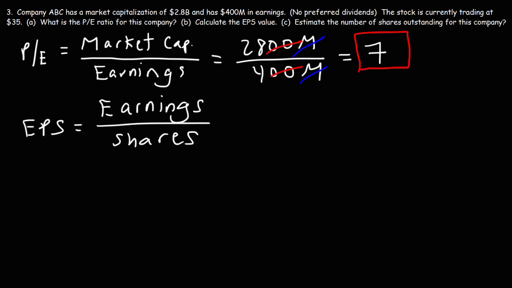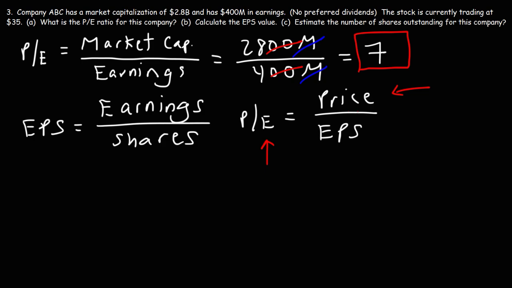But as of now, we don't know the number of shares outstanding for this company, so we can't use this formula. The only other formula that has the PE ratio and the EPS value is this one. The PE ratio is equal to the stock price divided by the EPS. We know the stock price, we know the PE ratio, so if we rearrange that formula, then we can calculate the EPS.